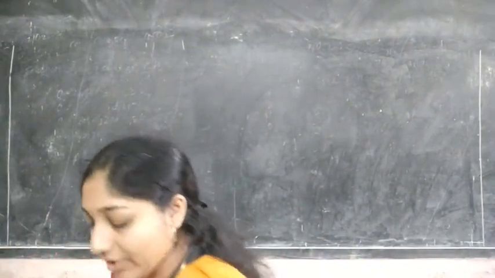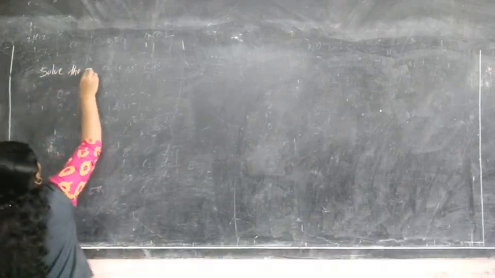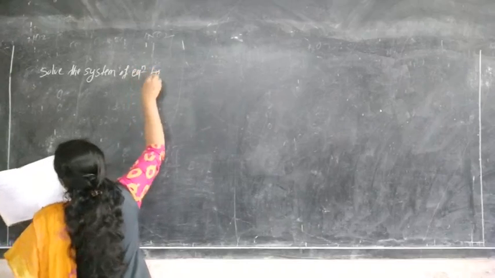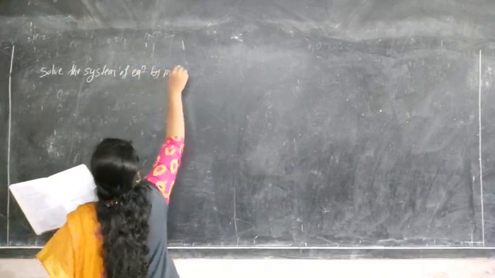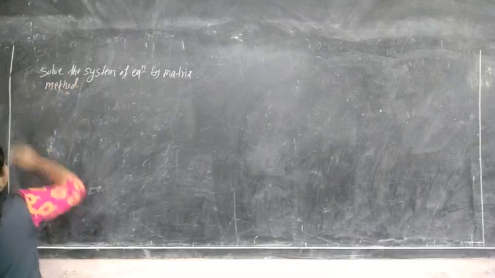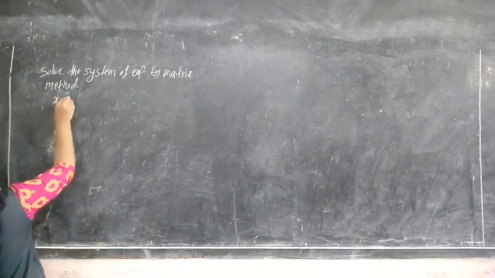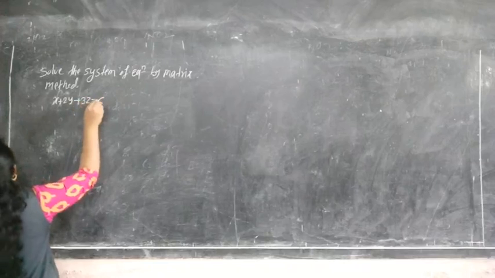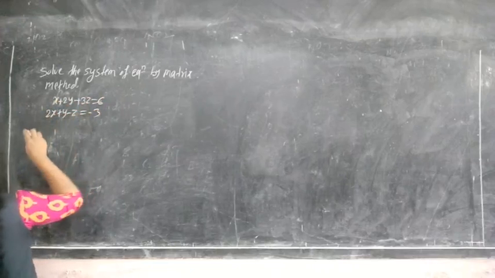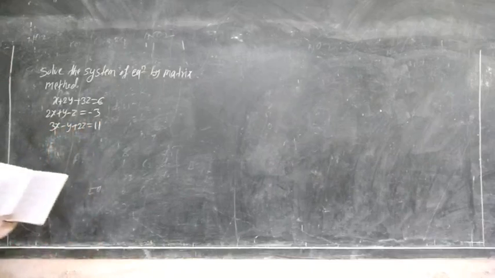The system of equations is given by x plus 2y plus 3z is equal to 6, 2x plus y minus z is equal to minus 3, and 3x minus y plus 2z is equal to 11.